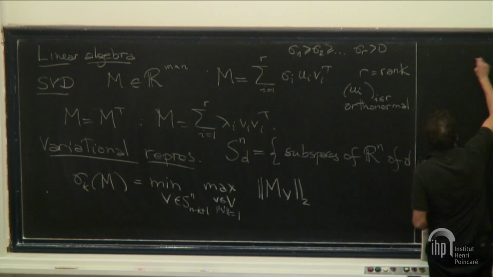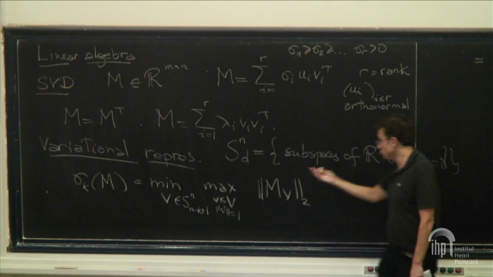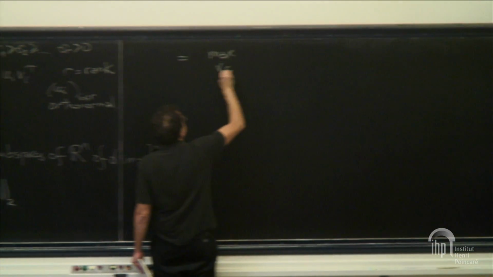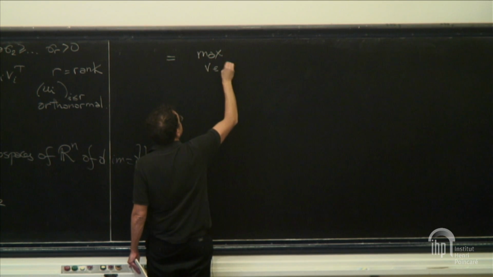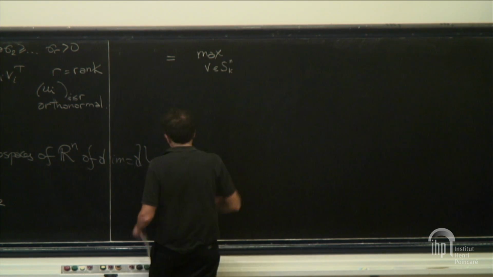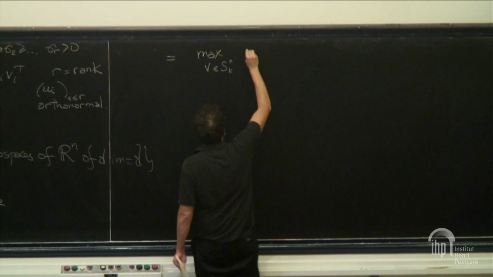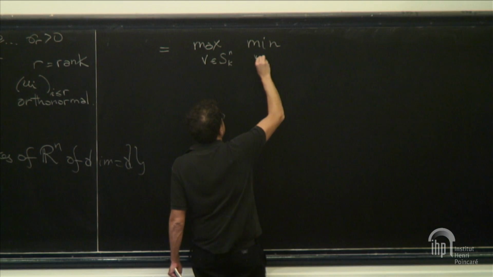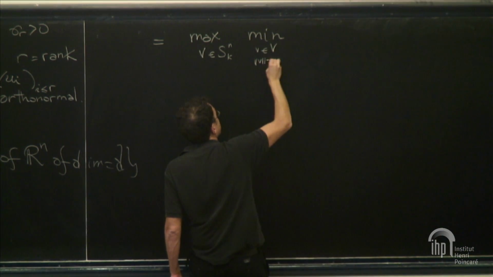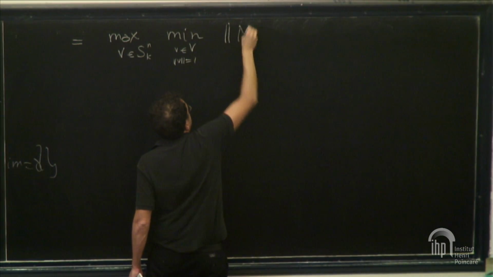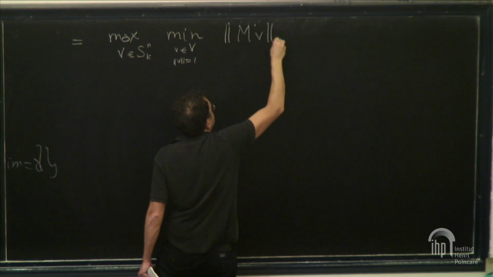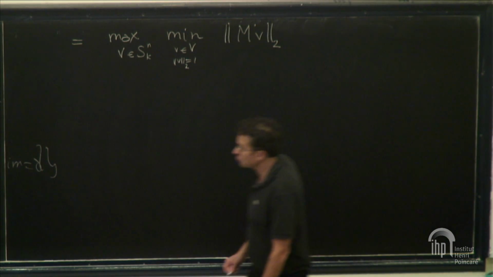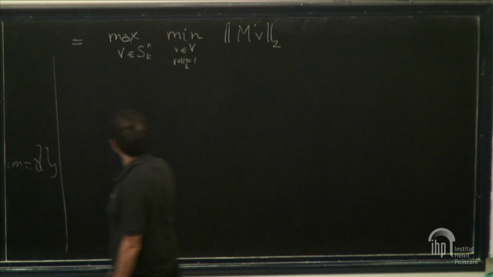An alternative representation, in which you interchange the max with the min, is that this is the max over all subspaces V in S(n,k) of the min over all v in V with norm of v equal 1 of the norm of Mv. So this is giving you the dual statement, somehow.